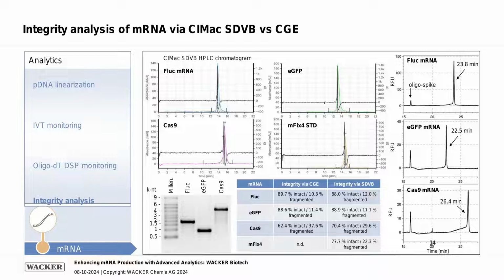We used their technique of peak integration, and could see that we had very comparable results between CGE and SDVB analytics. Better for fluc and EGFP mRNA. For Cas9, we had around 8% difference, which is probably still acceptable. I read this paper again, and I found that they also observed up to 8% difference for their RNAs. For them, it was more or less like an outlier.